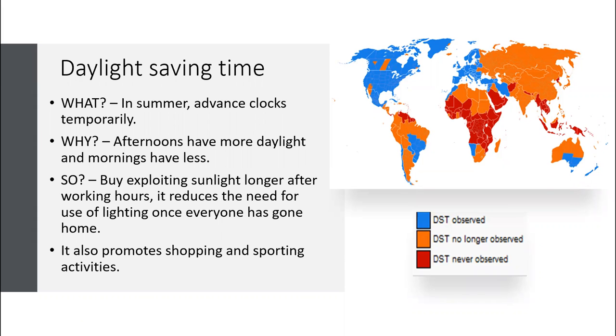By exploiting the sunlight longer after working hours, it reduced the need for lighting once everyone has gone home. So that is the main thing. It also promotes shopping and sporting activities.